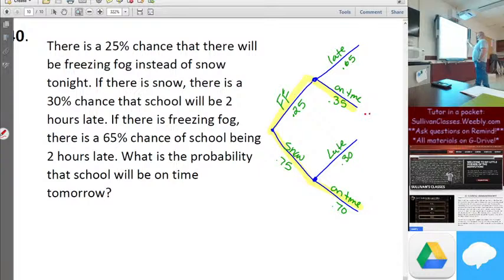So 0.0875. And 3/4 of 70 is going to be 36, 35.5, I think.